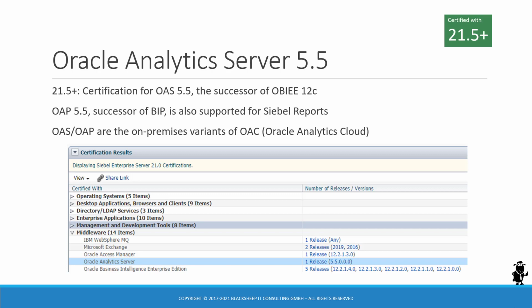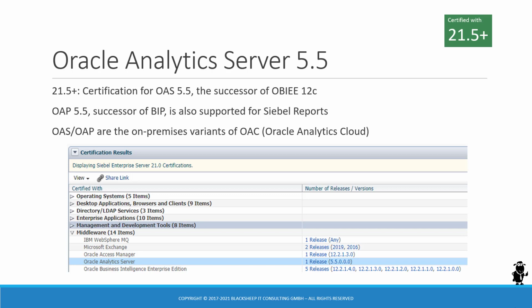The on-premises version is called OAS, Oracle Analytics Server, and the cloud variant is called Oracle Analytics Cloud. And that is the former Siebel Analytics, of course, which was for long years OBIEE. And it always came bundled with BI Publisher, which as a standalone variant is supported with Siebel reports in the new and enhanced version OAP, Oracle Analytics Publisher 5.5.